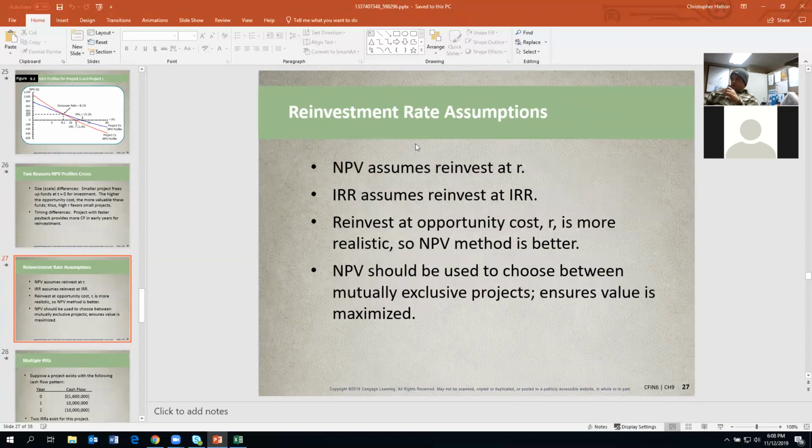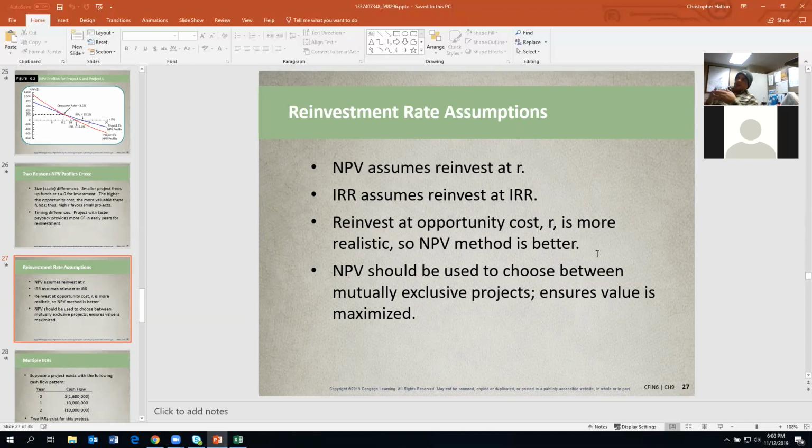So reinvestment rate assumptions: net present value assumes reinvestment at R. So that's your company's required rate of return. And then internal rate of return assumes reinvestment at the internal rate of return. So reinvesting at the opportunity cost, R, is more realistic. So the net present value method is better.